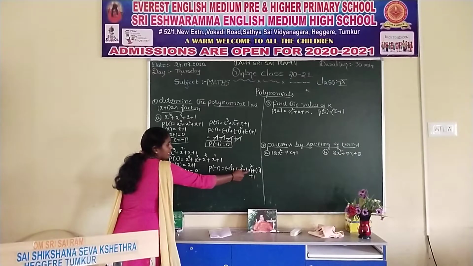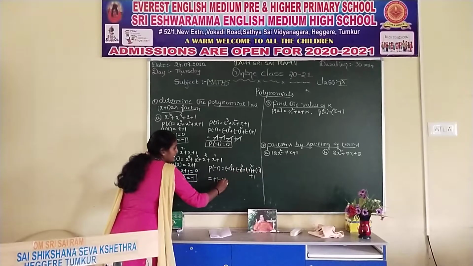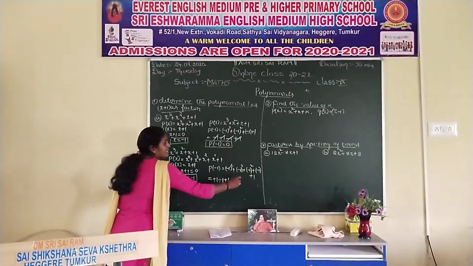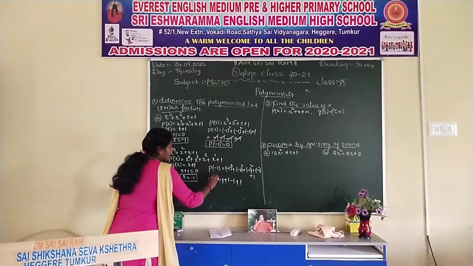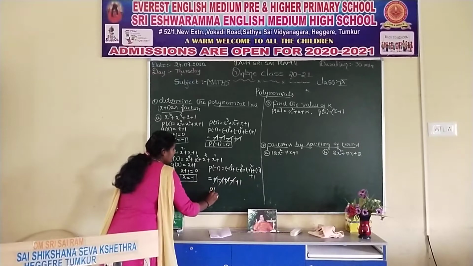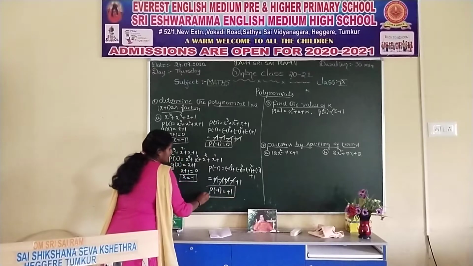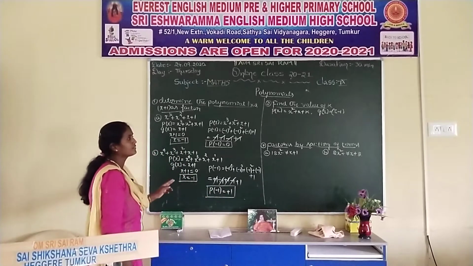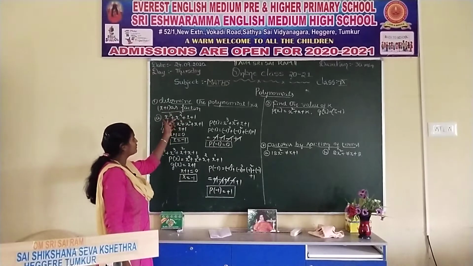Again, plus minus 1 whole square means we are multiplying an even number of times, so it becomes plus 1. Again, plus into minus is minus, and plus 1. Plus 1 minus 1 plus 1 minus 1, we got 0. So p of minus 1 is 0. See, in this manner we are finding whether a given factor is a factor of the required polynomial.